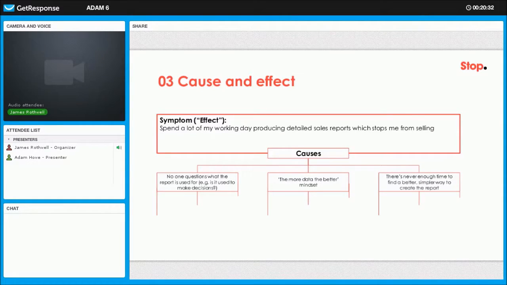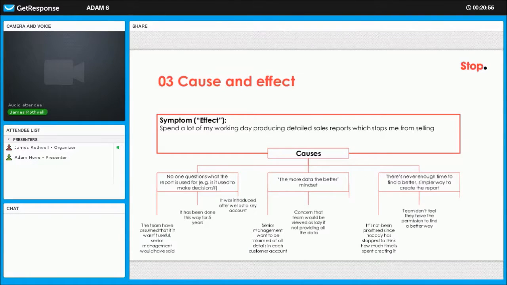So we can see here we've got three sub-drivers: a lack of questioning about what the report's used for, a mindset in the organization that the more data is the better, and actually not creating enough time to find a simpler way to produce the report. So less about its design and more about the process for collating the information. And once we've got to these three root causes, we would then go down individually again and actually try and get under the skin of what's actually driving the first set of causes.